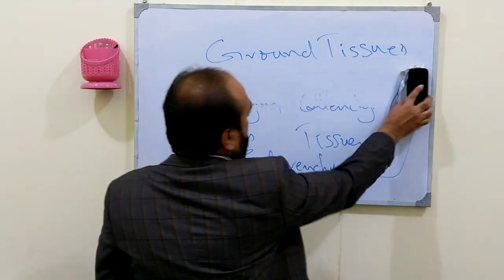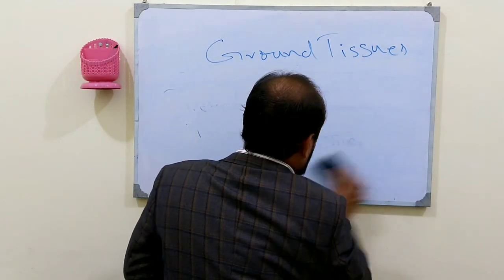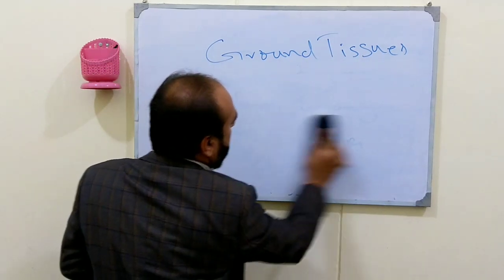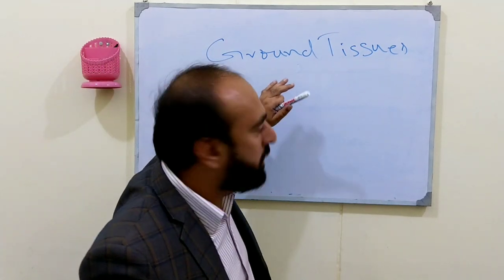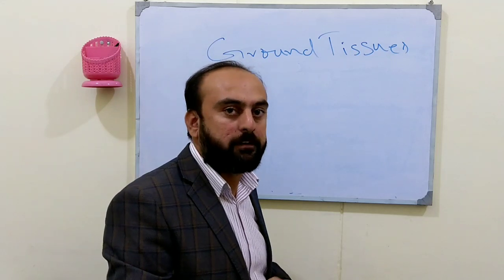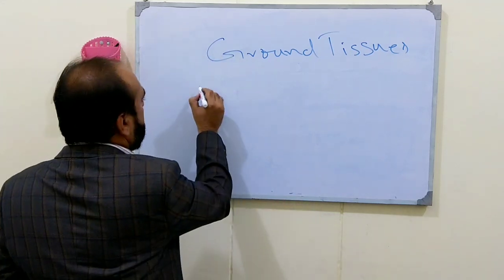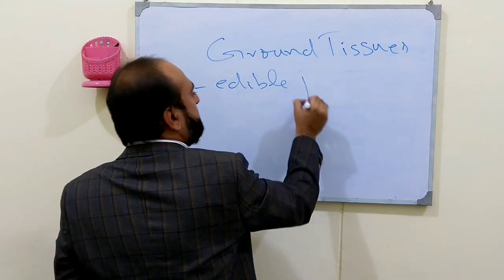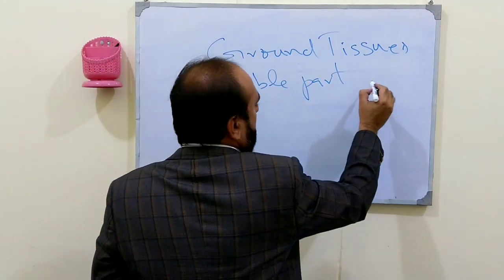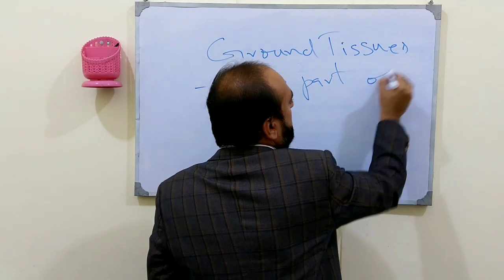If we talk about the main functions of these ground tissues, these are very important tissues that play many functions in plants. For example, they make up the edible part of fruits and vegetables.